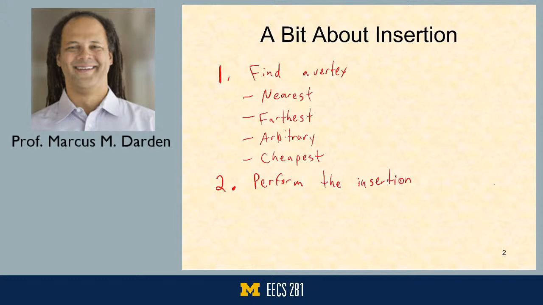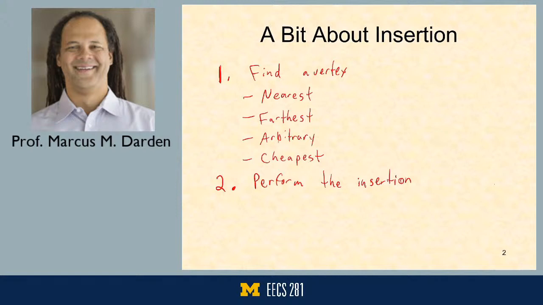And then cheapest insertion is more complicated. In cheapest insertion, the cheapest selection is to choose the point that will cause the globally lowest insertion cost. Not to find the lowest insertion cost for that point, but to find the point whose insertion cost is actually lowest between all of the things that are already in the path.